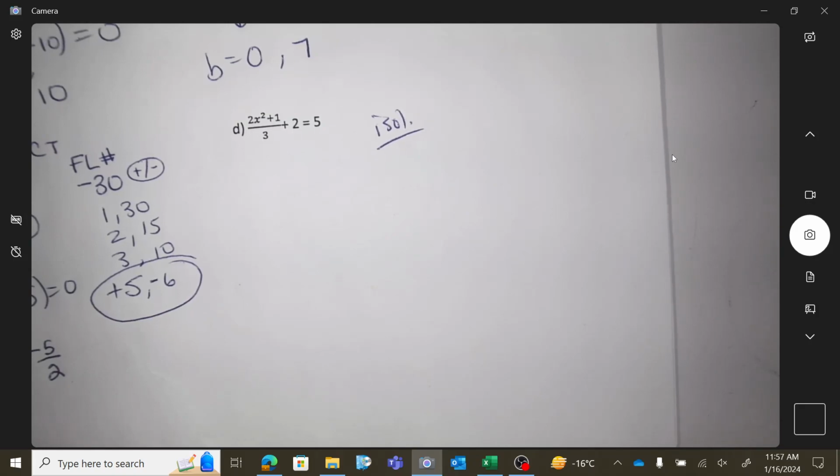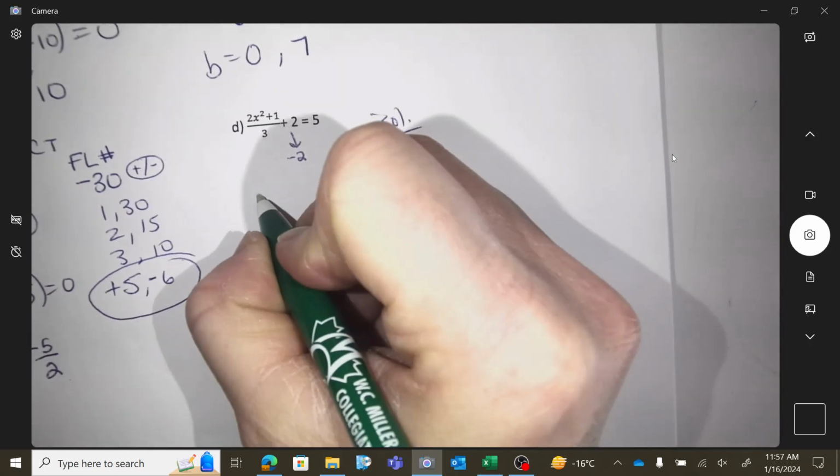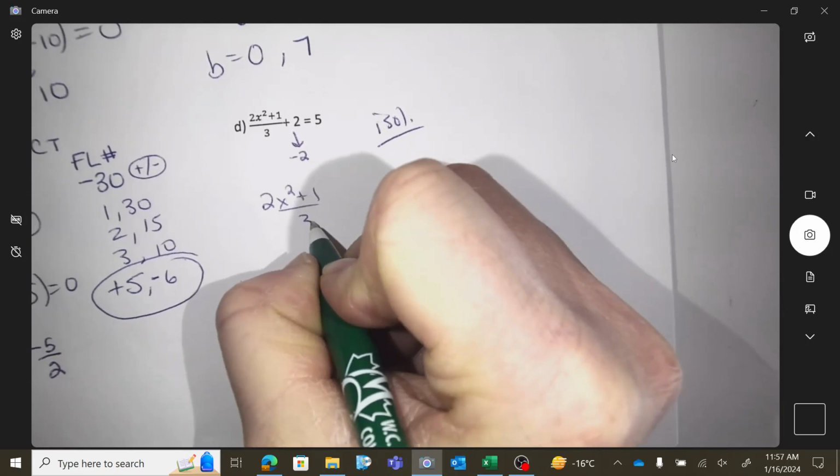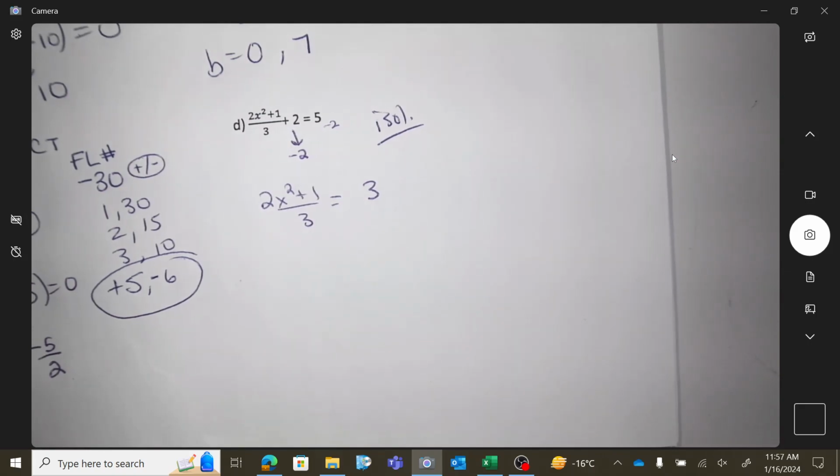Because I only see one variable in this, there's only x squareds involved, so I could get it alone. Okay, so isolation algebra, -2.